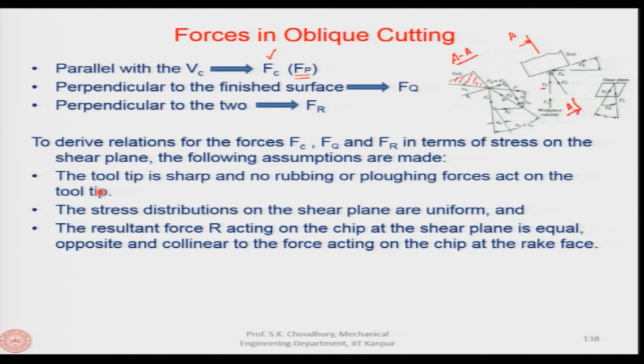Second, the stress distribution on the shear plane is uniform. Third, the resultant force R acting on the chip at the shear plane is equal, opposite and collinear to the force acting on the chip at the rake face. So, these 3 are the assumptions taken for correlating Fc, Fq and Fr in terms of stress in the shear plane. Let us see how they can be correlated.